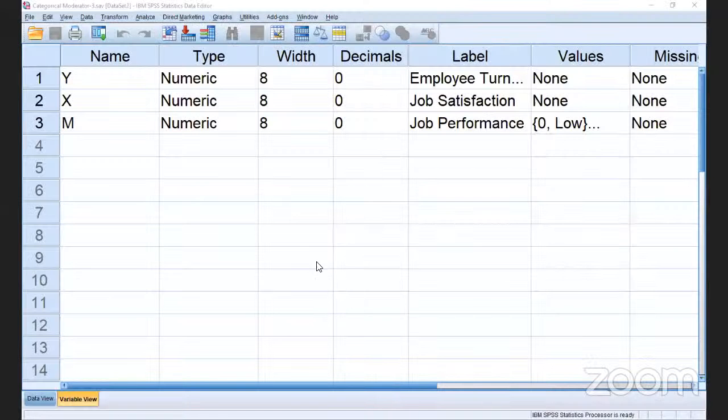Now the second case is moderation with a categorical variable. This is another case study, related to employee turnover and job satisfaction.